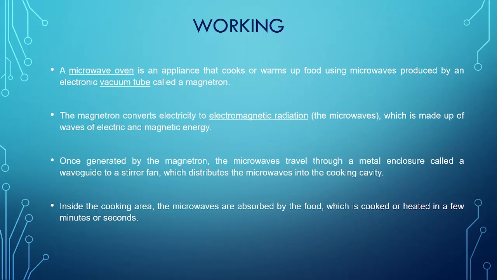A magnetron converts electricity to electromagnetic radiation, which we call microwaves, made up of waves of electric and magnetic energy. Once generated by a magnetron, microwaves travel through a metal enclosure called a waveguide to a stirrer fan, which distributes the microwaves into the cooking cavity. Inside the cooking area, the microwaves are absorbed by the food, which is cooked or heated in a few minutes or seconds.